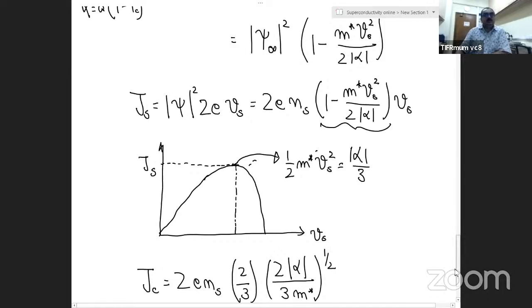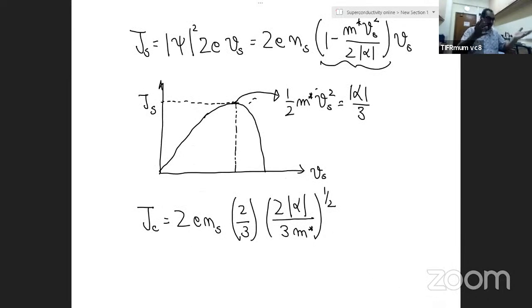Okay, this doesn't help me much because it's a nasty expression. What do I do with this?